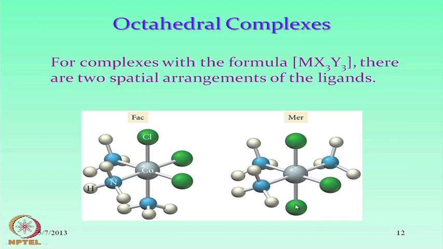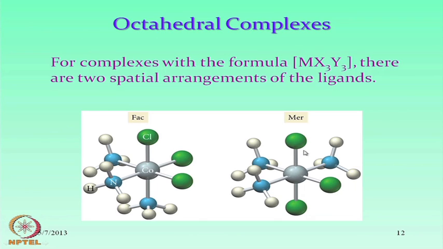the orientation of these three chloride groups in such a way that it is spanning the corresponding meridian of the sphere. The meridian of the sphere is occupied by 3 chloride groups as well as 3 NH3 groups, and in the case of the facial isomer, all the Cl-Co-Cl bond angles are 90 degrees. In the other case, for the Cl-Co-Cl angles, two of them are 90 degrees, but at least one of them is 180 degrees, that means they are trans to each other.